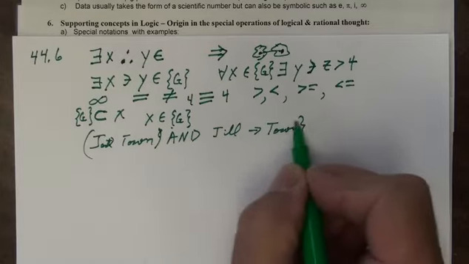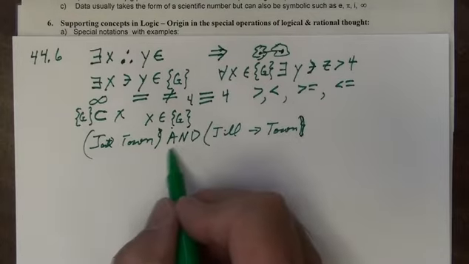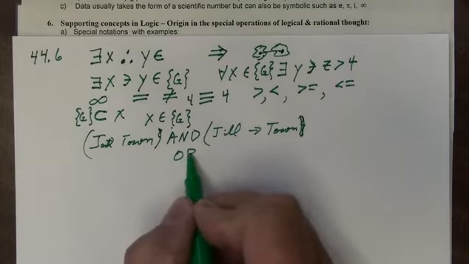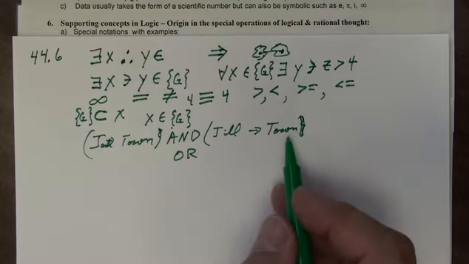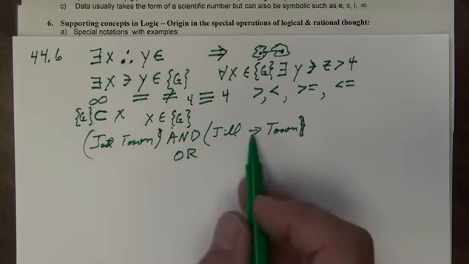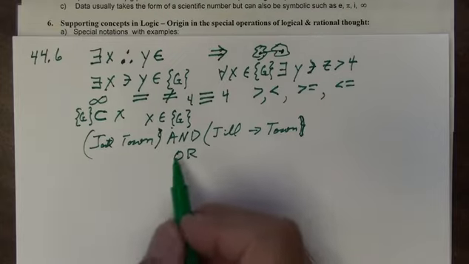It means both of these occurred. Or I could say or, meaning Jack went to town or Jill went to town, which is very different. It means only one of these may be true. The other one may or may not be.